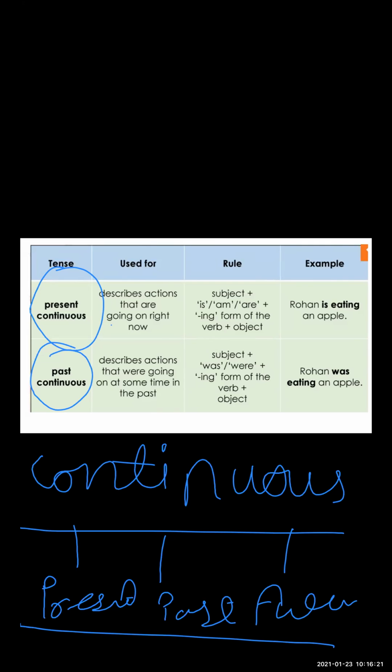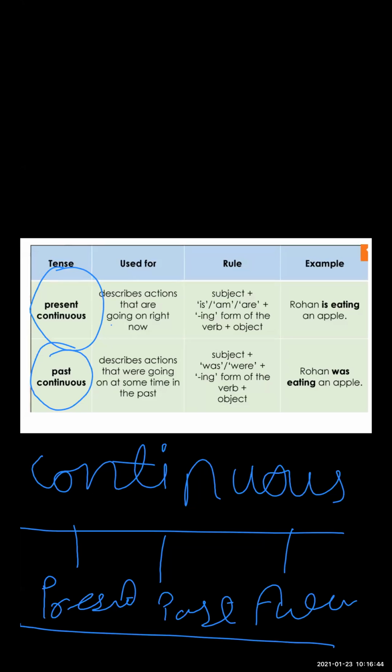Rohan was. Remember, as I've told you, you have to add the past form of the helping verb, that is was or were. If you have plurals, you are going to add were. If the subject is singular, then you are going to add was.